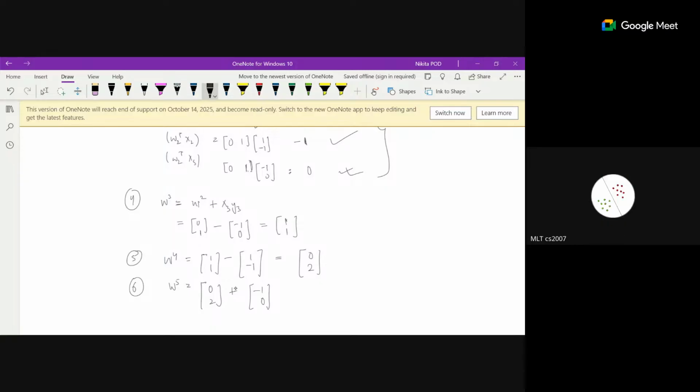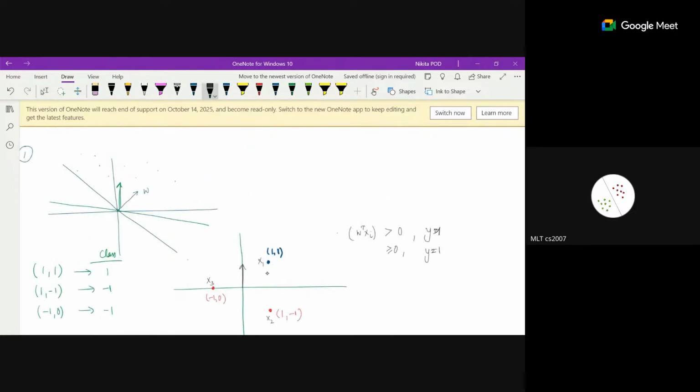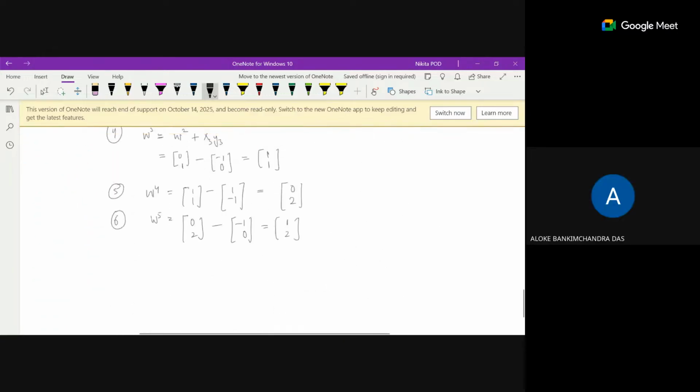So what do we get? We get 1 and 2. Now let's see with 1 and 2. Something like this. I can see that this will clearly separate. I can check this geometrically.